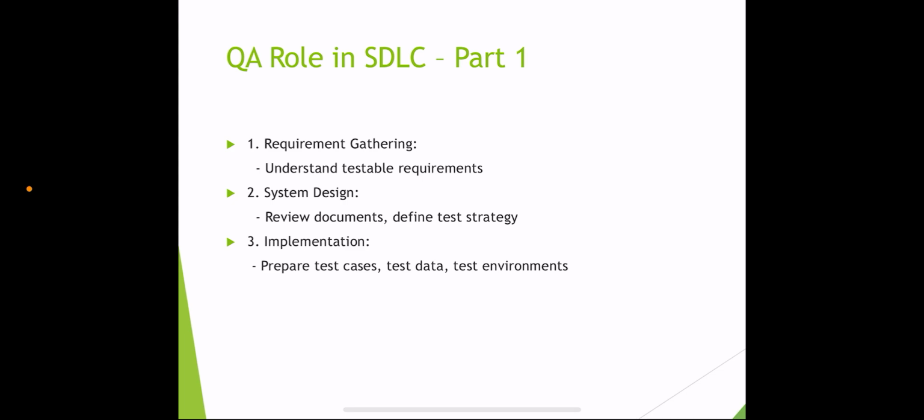In the implementation phase, the developer team starts the actual coding. At the same time, the QA team starts preparing their test cases, test data, test environments and test environment credentials. They are wholly setting up their test procedures in the implementation phase.